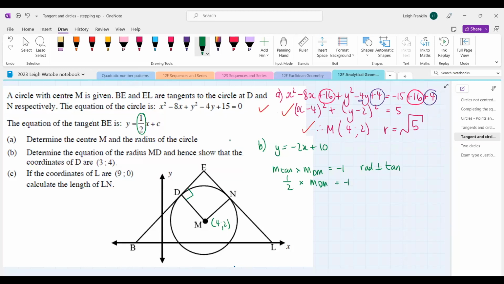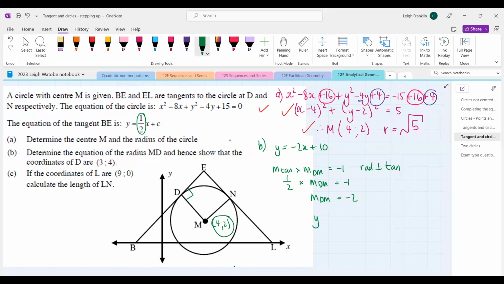Dividing both sides by a half means that the gradient of DM had to be equal to -2. We can't use the point of tangency in this case because we don't know the coordinates of D yet. We've got to use the coordinates of M because DM goes through M. So we're going to use these coordinates over here.